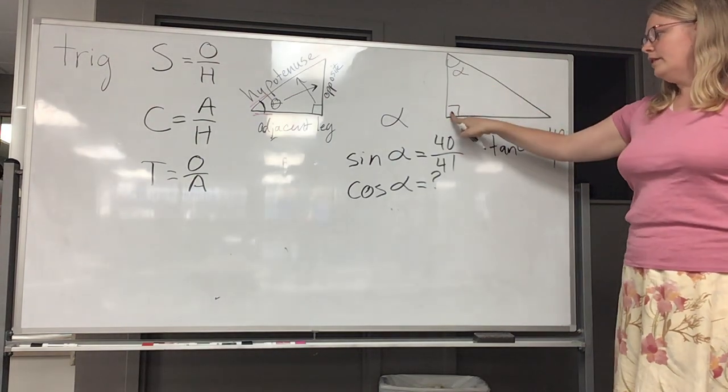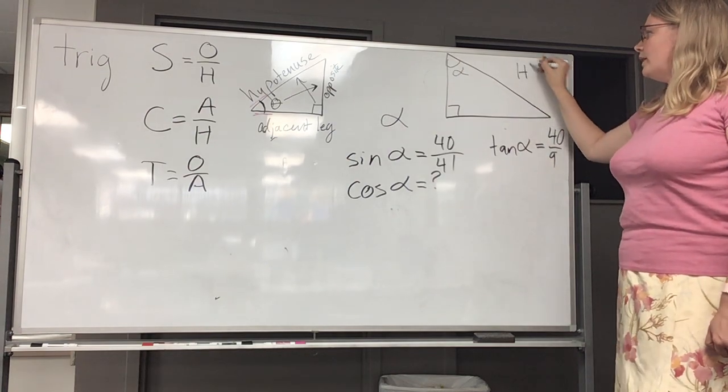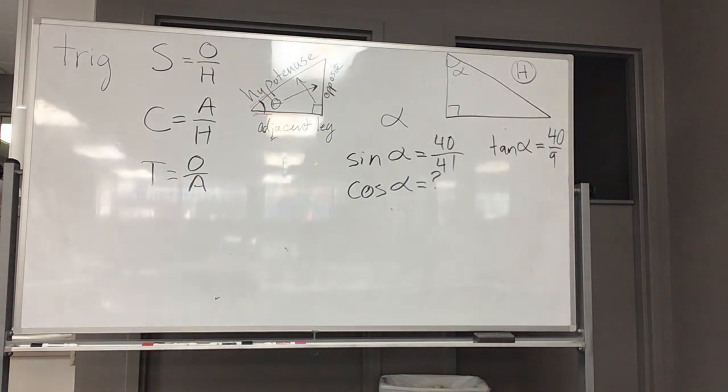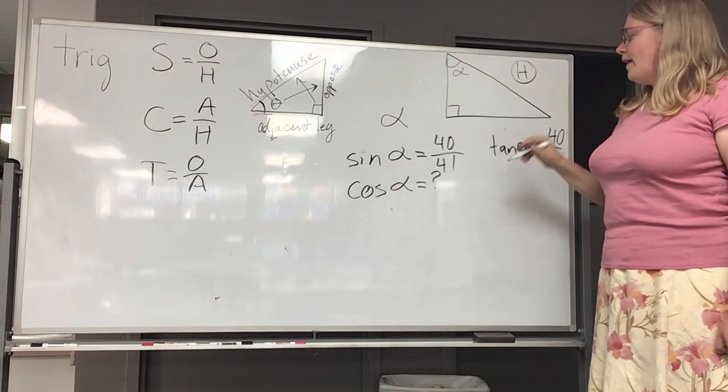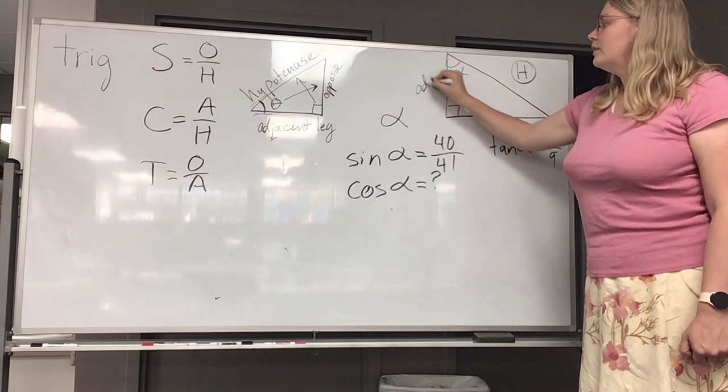Here's our angle, here's our right angle. Hypotenuse is always the long diagonal across from the right angle. From angle alpha, this is our opposite, and this is our adjacent.